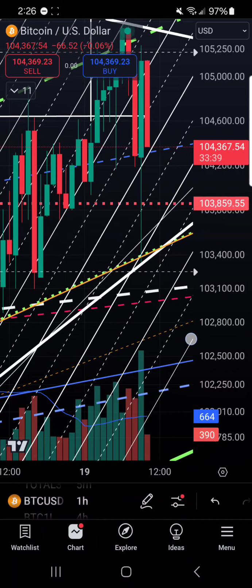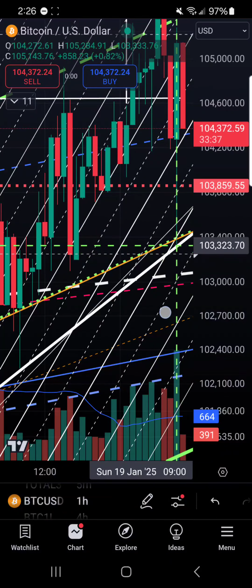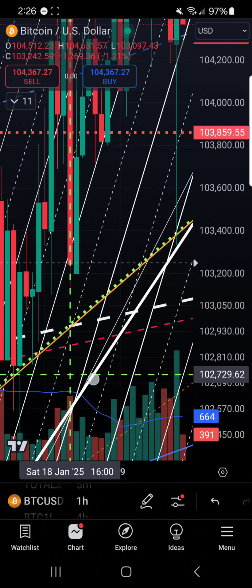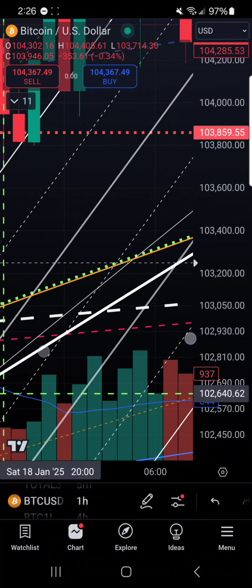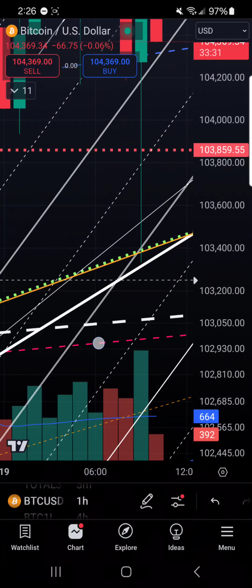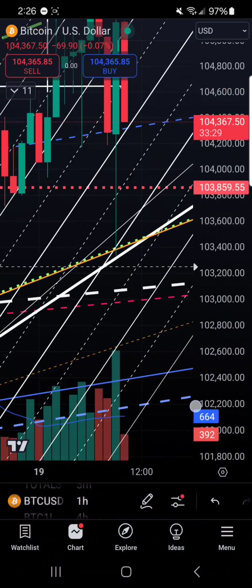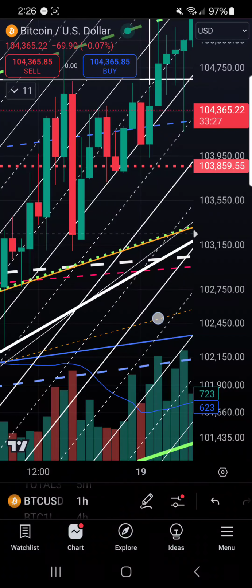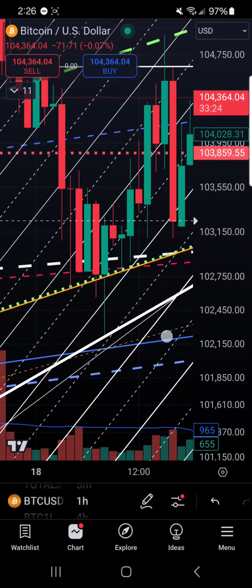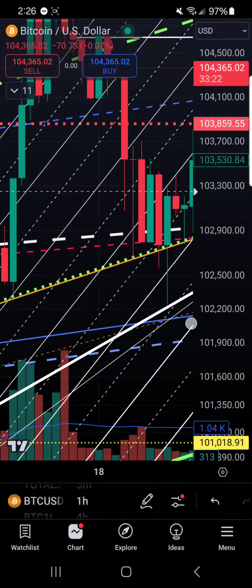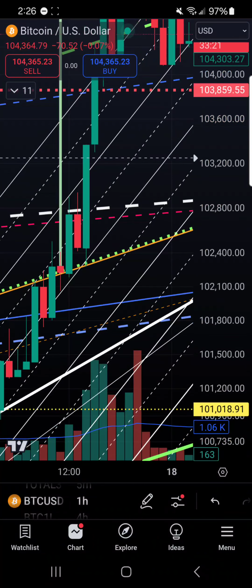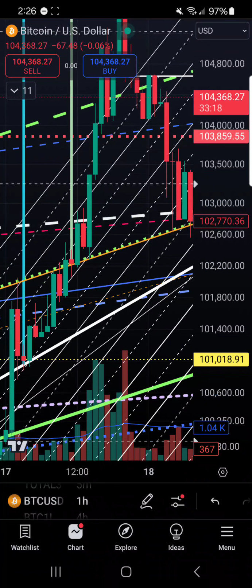Well, you know what? Where does that wick go to? Yeah, it comes just outside the line there. So it's hard to say.